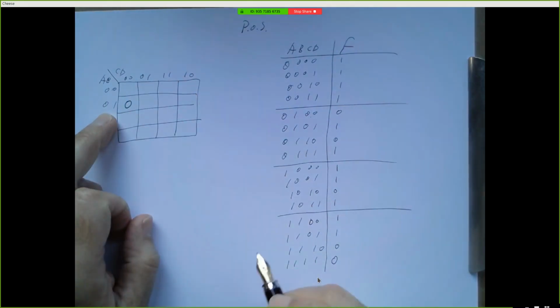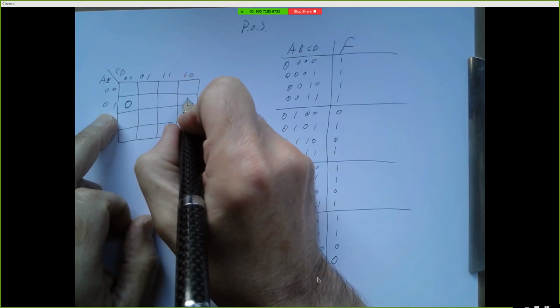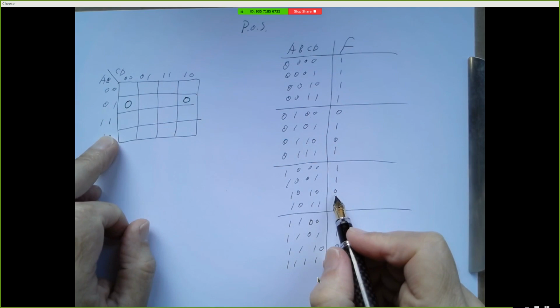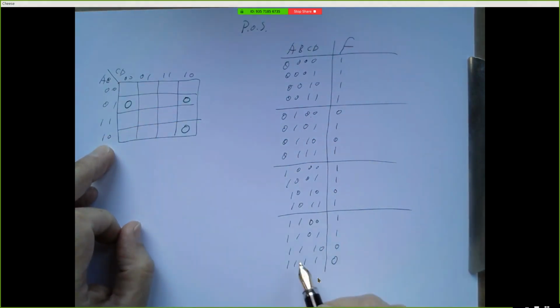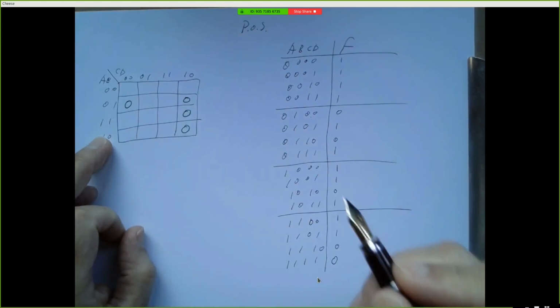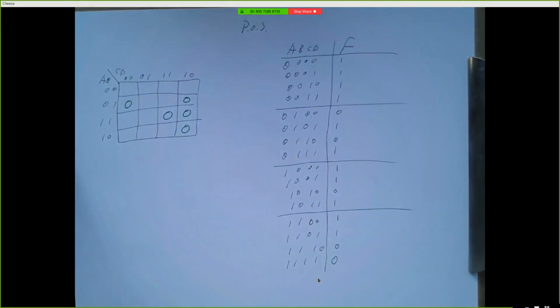That's a 0. 0, 1, 1, 0. That's right there. 1, 0, 1, 0 is right there. 1, 1, 1, 0. And 1, 1, 1, 1. That's right there.